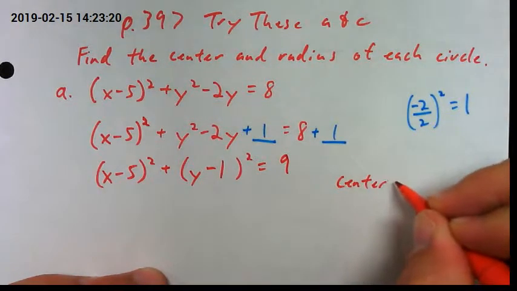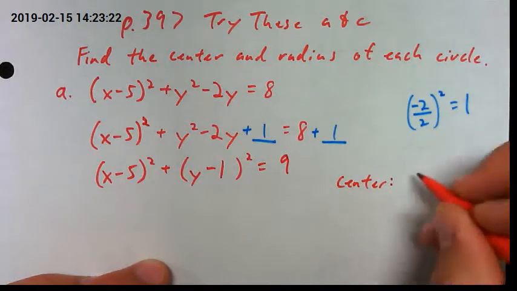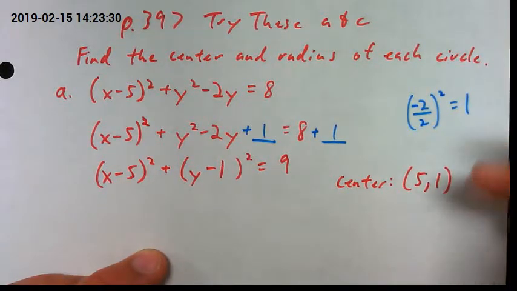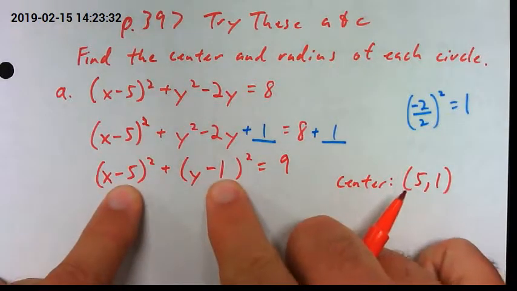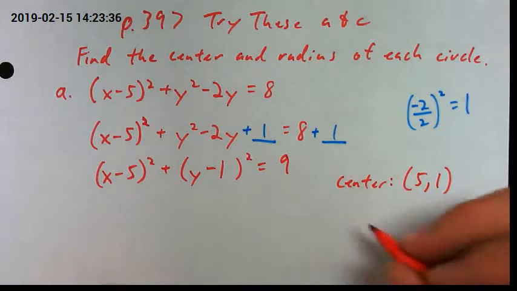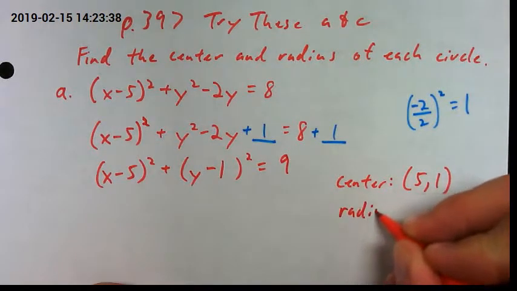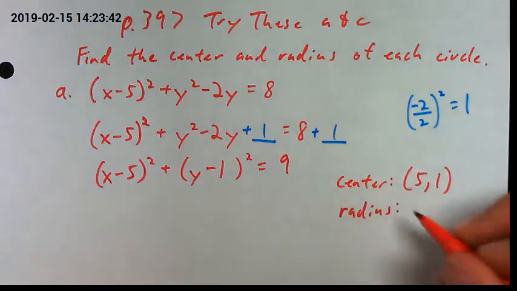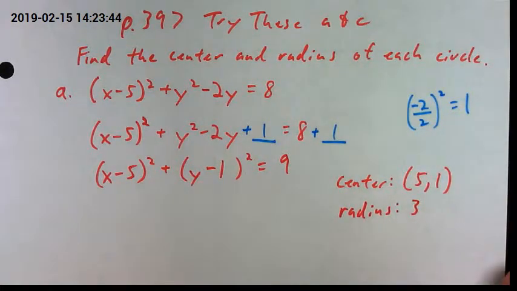The center is 5 and 1. Remember, as we pull those out, the h and k values, we have to change the signs. The radius is 3 because we have to take the square root of that 9. So that's going to be 3.